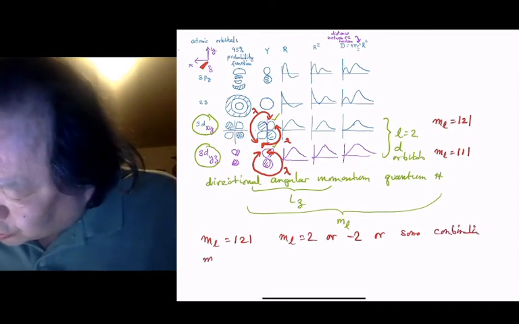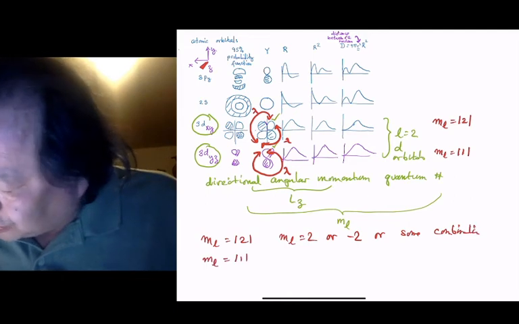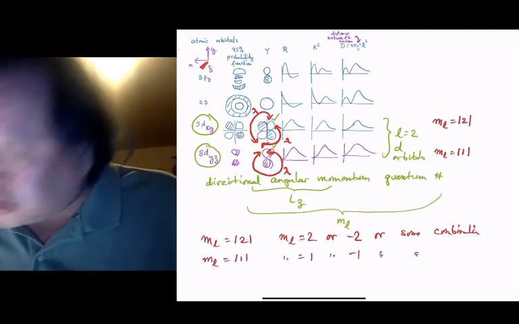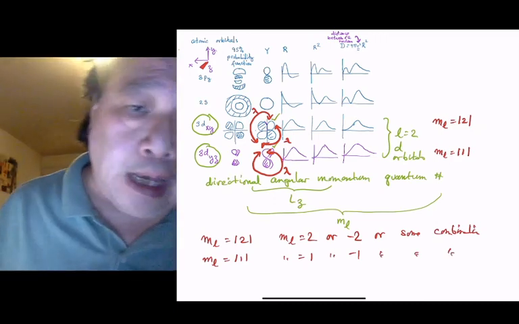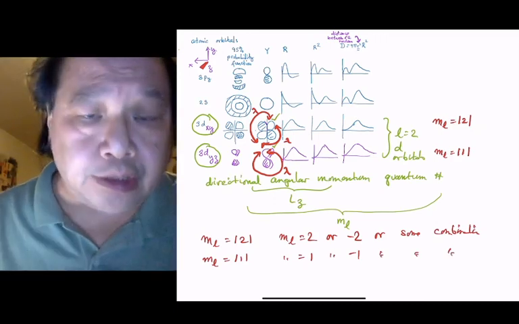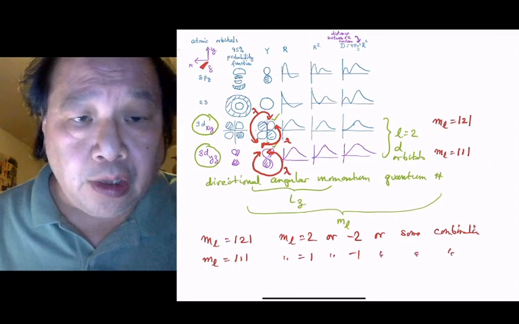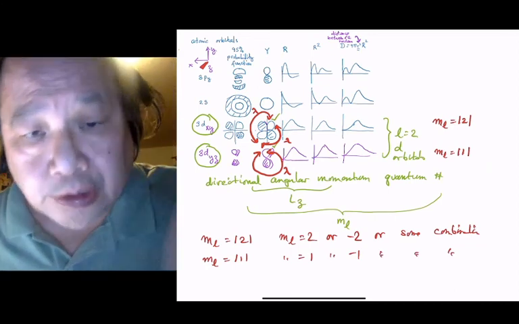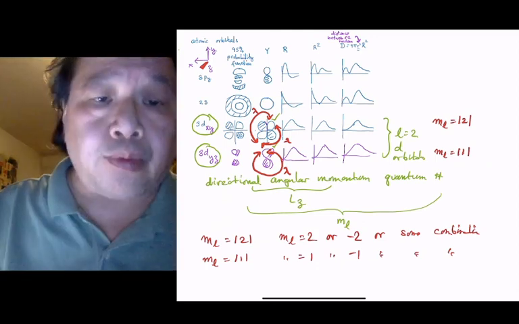And ml equals 1 in magnitude means ml is equal to 1 or minus 1 or some combination. And that is the connection then of the third quantum number ml, which is the directional angular momentum around one direction.